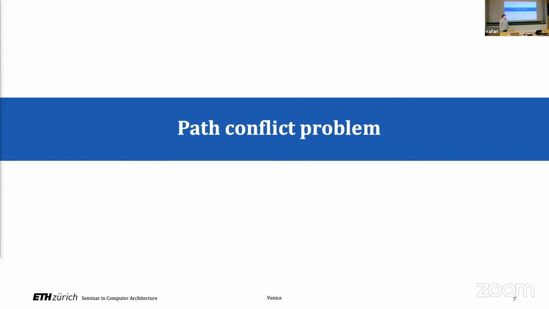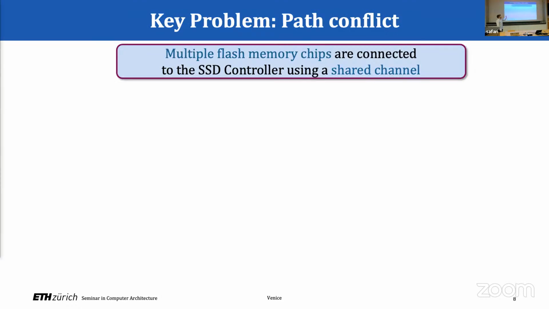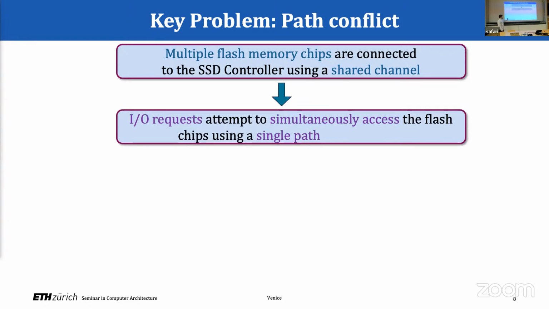So now let's look at the motivation of the paper, the path conflict problem. As mentioned before, multiple flash memory chips are connected to the SSD controller using a shared channel. Usually those numbers are around 4 up to 32 flash chips connected to one channel. When an IO request attempts to simultaneously access the flash chips using a single path, a path conflict happens.